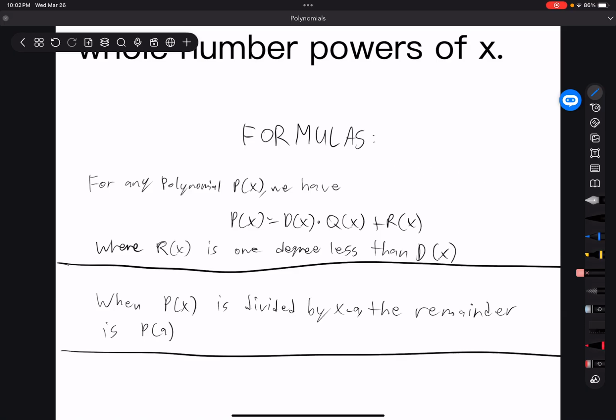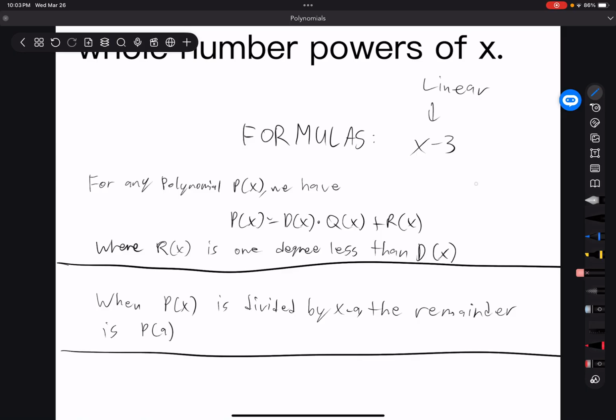But before we do that, we also have to acknowledge one thing about our first formula, where r of x in polynomials is always 1 degree less than d of x. So for example, let's say d of x is x minus 3, which is a linear term. Then r of x would be constant. For example, a constant term could be 4, 7, 3.